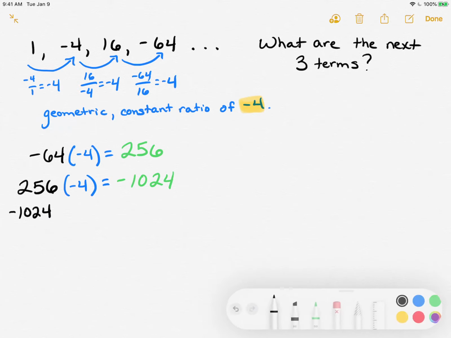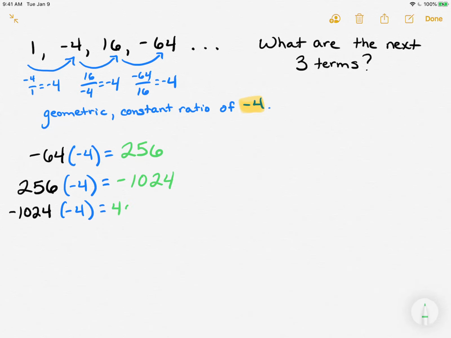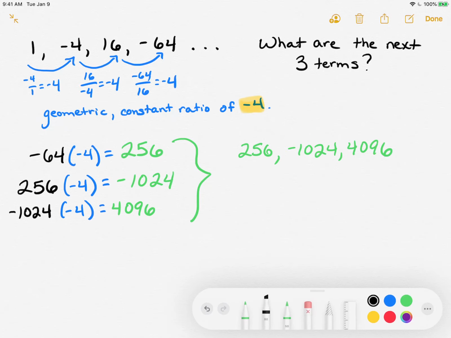You get 4,096. Very good. So the next 3 terms in the sequence are 256, negative 1,024, and 4,096. We're just continuing the pattern all the way down.